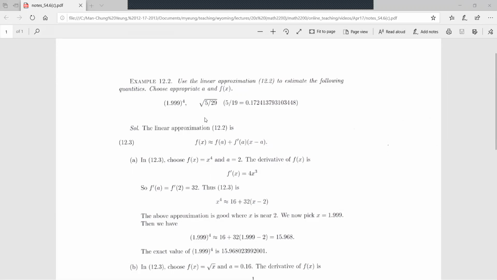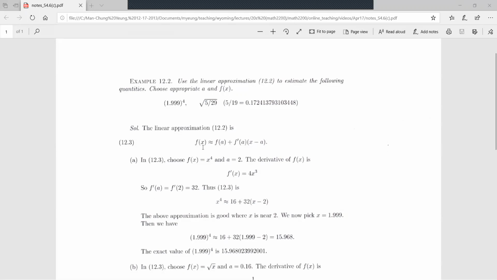Now, to approximate this number using the linear approximation formula, we need to determine a and the function f. This quantity is some number to the fourth, so I choose the function f to be x to the fourth.